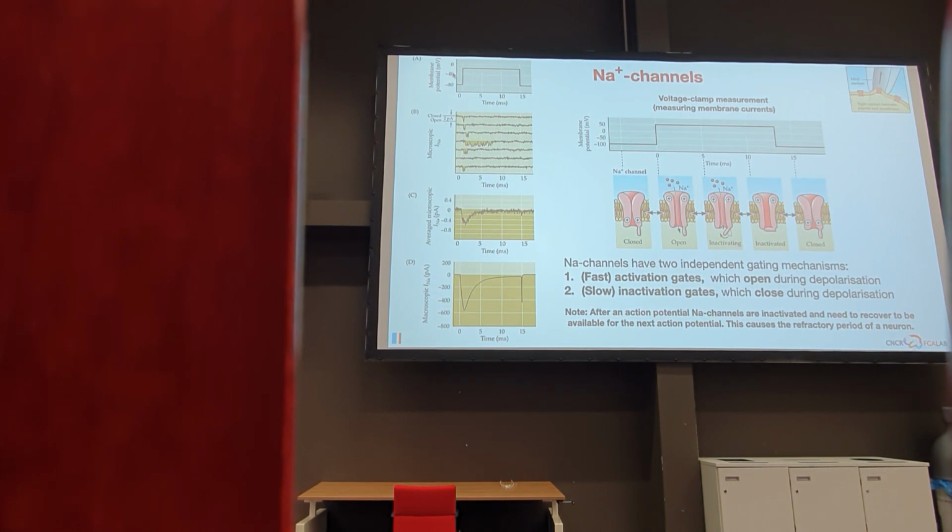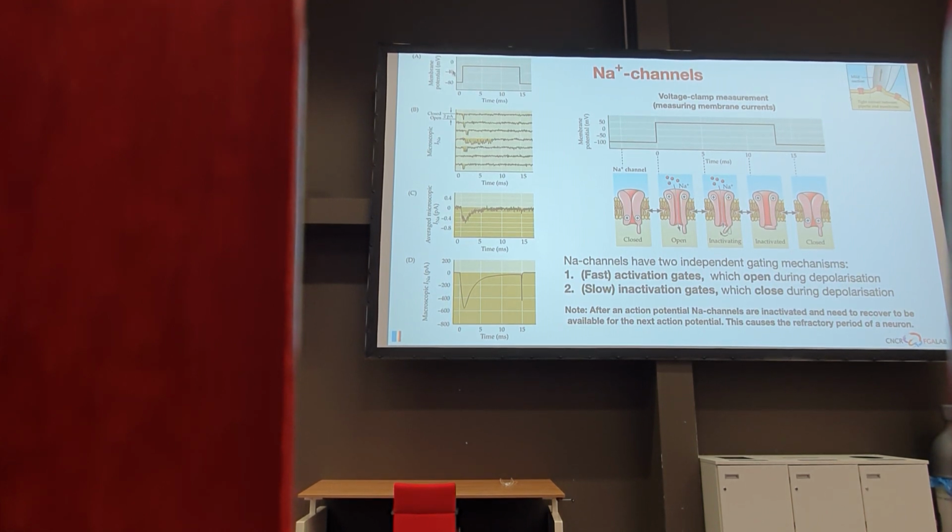You need de-inactivation, it's called, and this is a slow process again. So if you go to the resting membrane potential again, it takes some time before these channels are open.